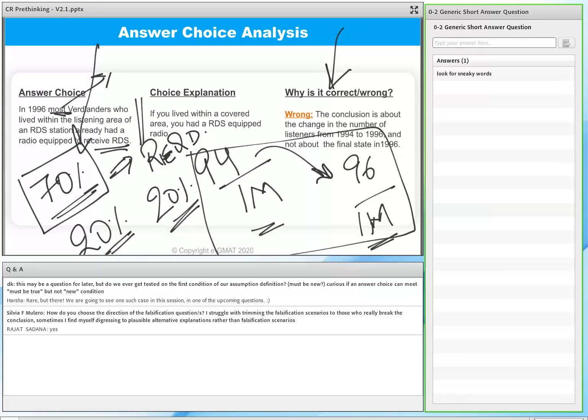Always look for sneaky words. Visualize. It's the same thing. Visualize this answer choice and ask yourself, must this be true? Do I need that 60%, that 70%? Do I need this word most over here? If you don't visualize an answer choice, it's bound to mess your brain up. It's bound to tempt you into choosing that answer choice.